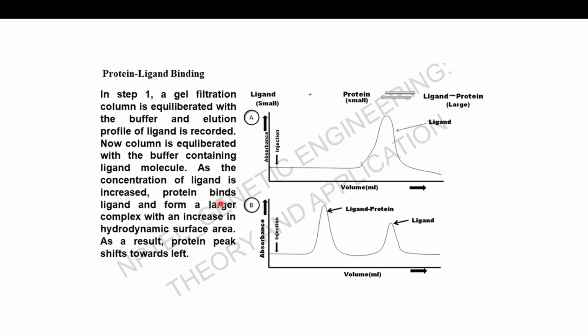If the ligand is binding to the protein, it will form a larger complex with increased hydrodynamic radius, and hence the protein peak will shift towards the left side, right? These bigger complexes will have lower access to the resin pores.